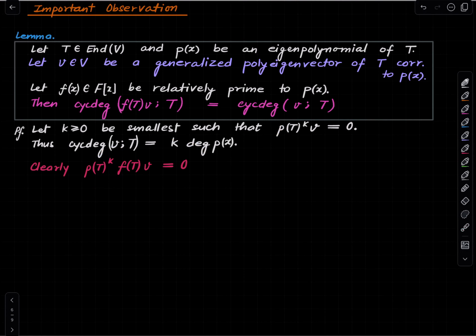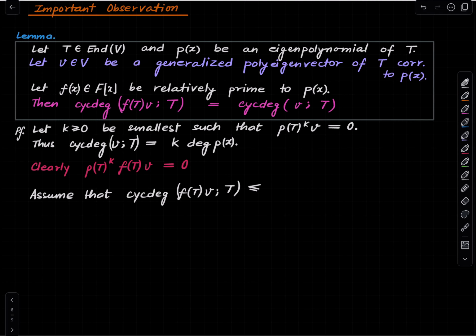And so assume on the contrary, the cyclic degree of this guy is strictly less than the cyclic degree of v. Let me write it in a different way.